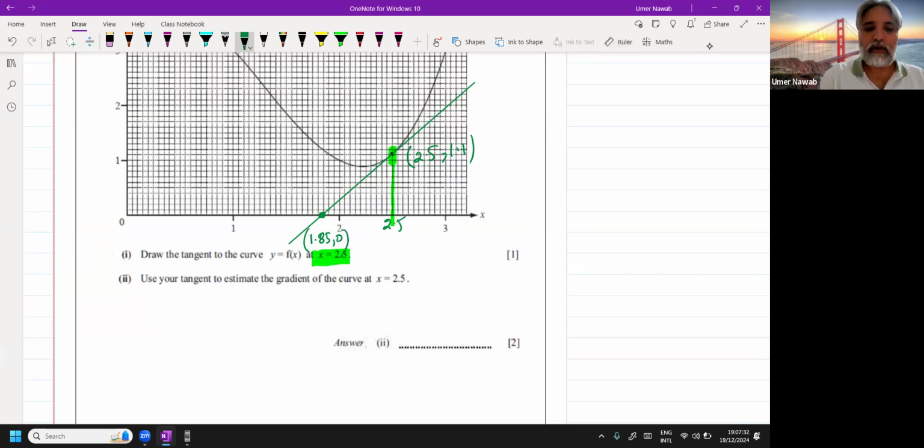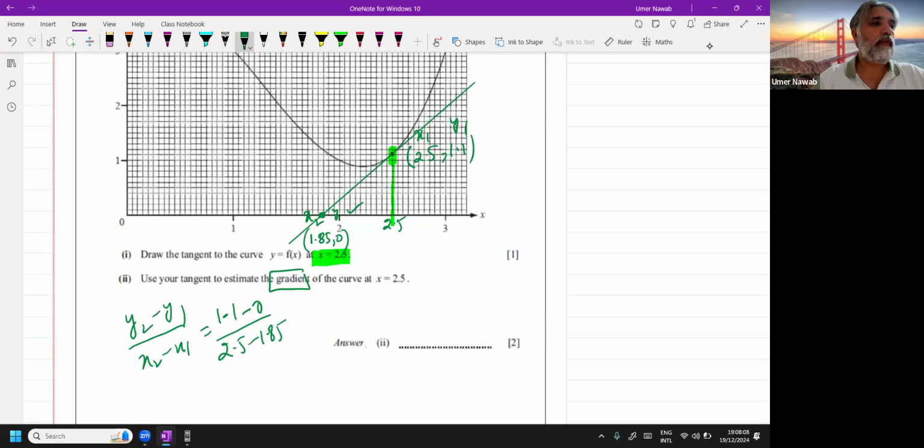What is the formula for the gradient? We have learned y2 minus y1 over x2 minus x1. So this is my x1, y1, and this is x2, y2. So 1.1 minus 0, y2 minus y1, over 2.5 minus 1.85.